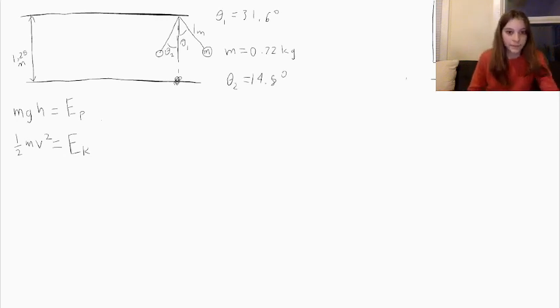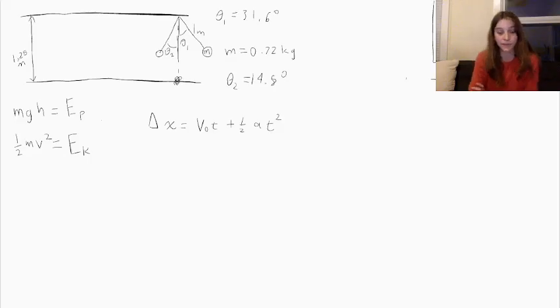So we have that. That's going to be a big chunk of it. We're also going to talk about kinematics. The main equation we're going to use is delta x equals v naught t plus half a t squared. t is time in seconds. Delta x is the change in position in meters.